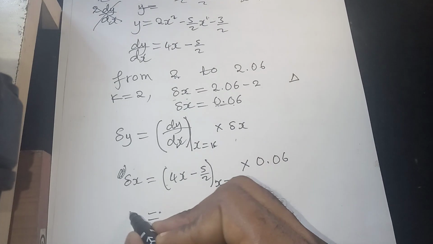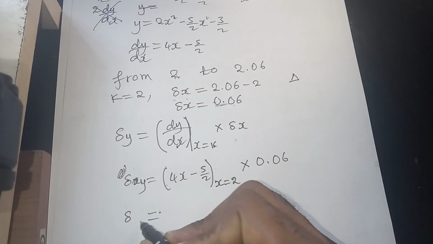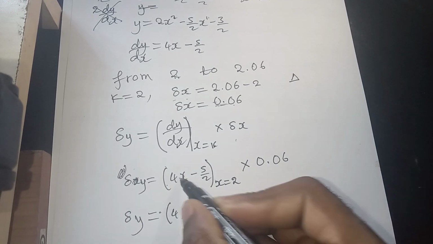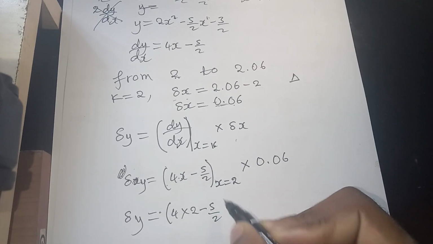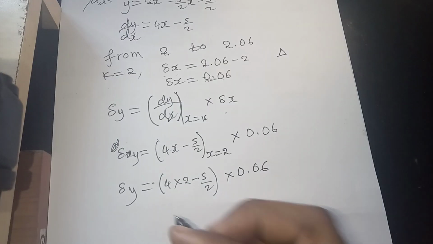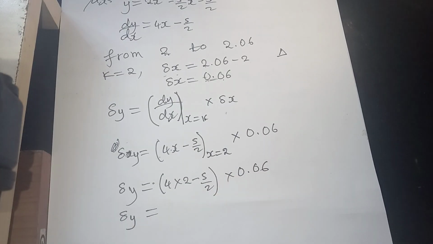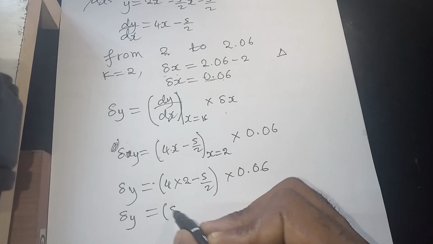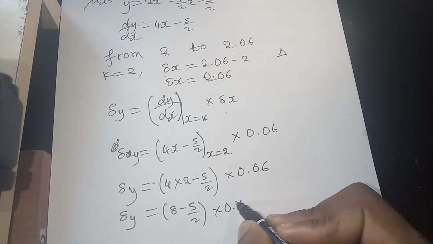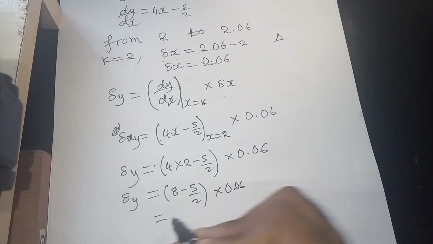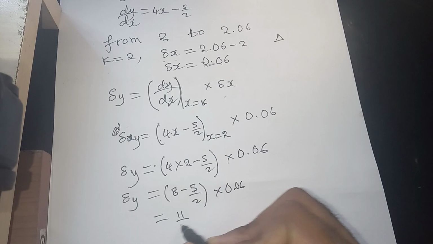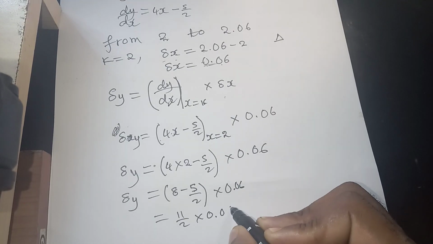So our delta y will be, where there is x, you put your 2: (4(2) - 5/2) multiplied by 0.06. So this times this is 8 - 5/2, which is 11/2, multiplied by 0.06.